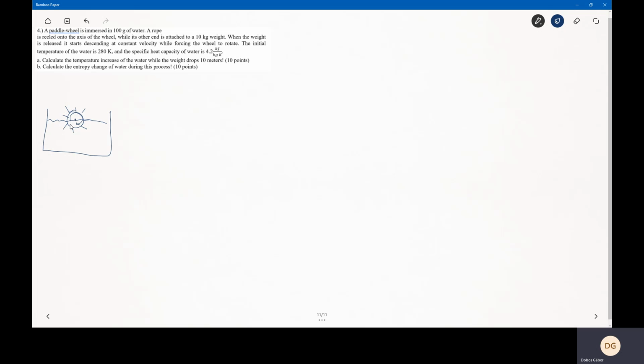And as it rotates, these paddles will have some friction to the water. So basically, the water will hinder the movements of these paddles. And basically, it is going to do some work on the water, and that work will be transformed into heat, right? So that is what's happening here in the water.